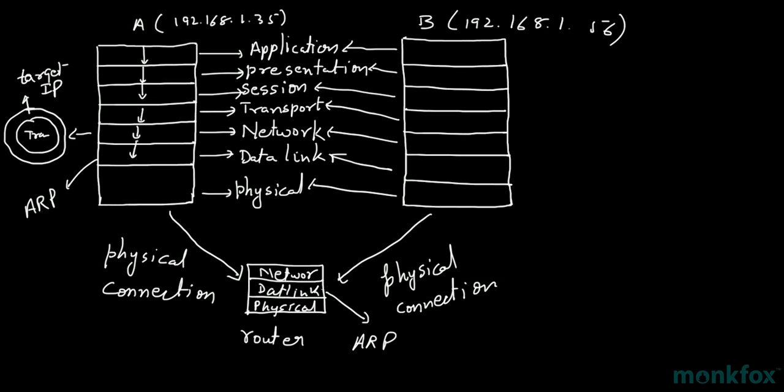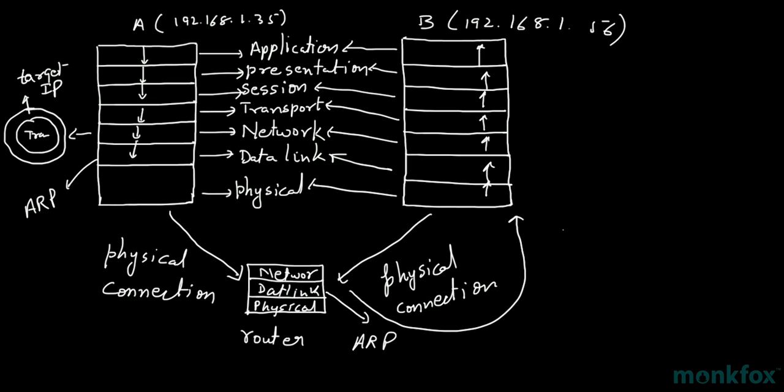Once the router receives the MAC address of machine B, the data link layer of the router wraps that packet with the target MAC address of B, sends it to the physical layer, and this data is transferred to B, where again the same process of transferring and unwrapping the data through each layer takes place.